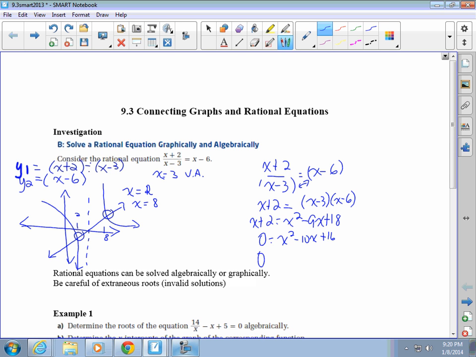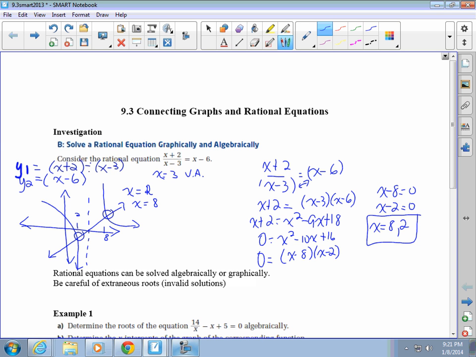If I factor that, product of 16, sum of negative 10, I'm going to have x minus 8 and x minus 2. If I solve that, x minus 8 equals 0, x minus 2 equals 0, so x is equal to 8 and 2. Now you always want to check those and make sure they work.